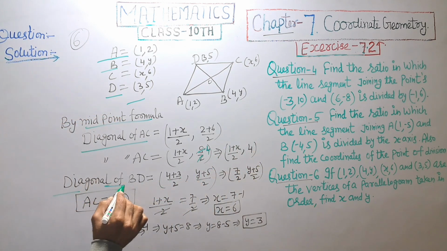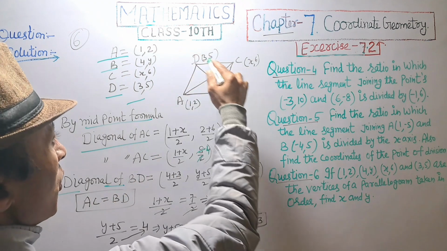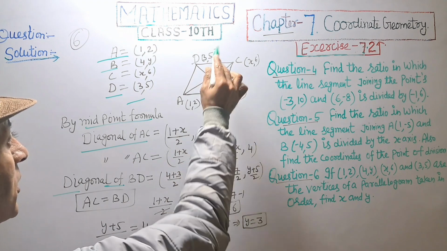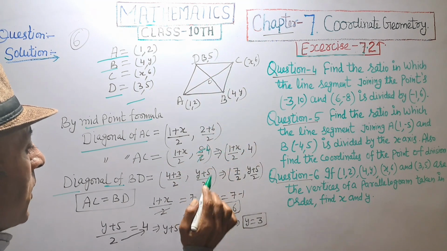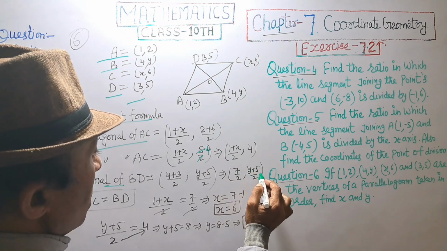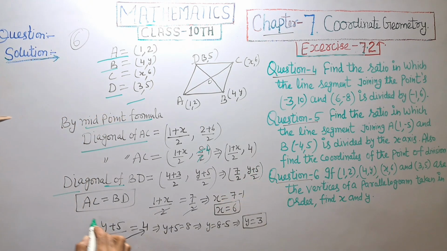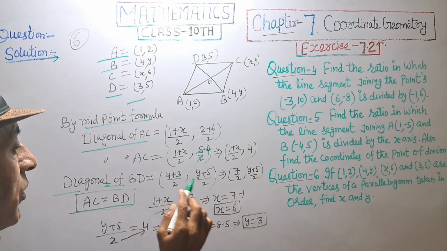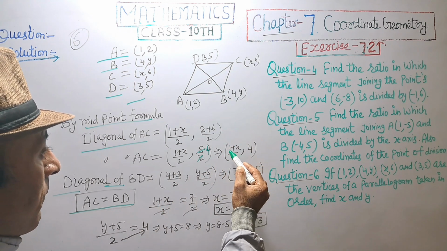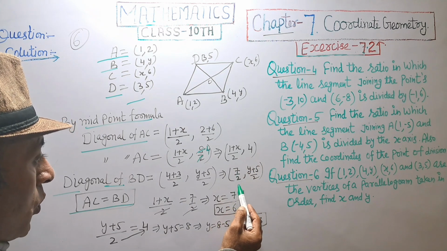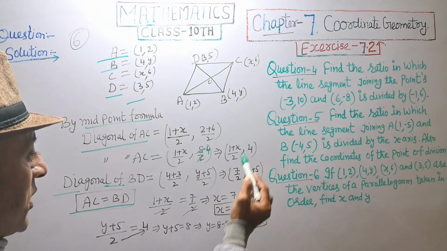And diagonal BD is equal to (4 plus 3 upon 2, y plus 5 upon 2), that is (7 upon 2, y plus 5 upon 2). Diagonal AC equal to diagonal BD. We find the value of x and y. So first, 1 plus x upon 2 is equal to 7 upon 2, and y plus 5 upon 2 is equal to 4.